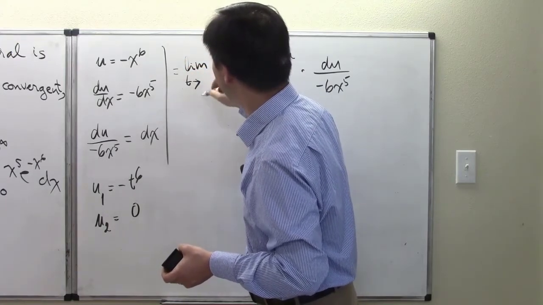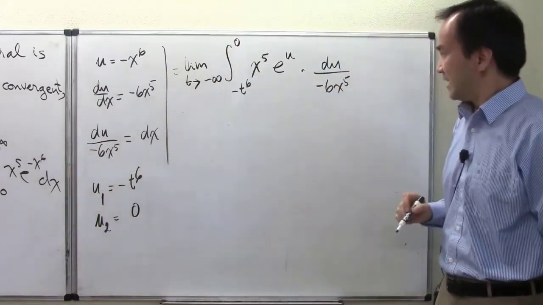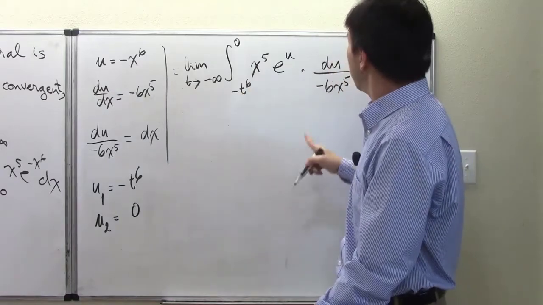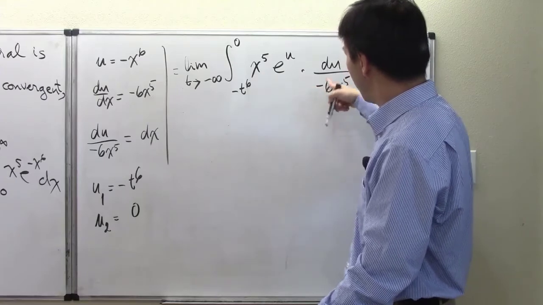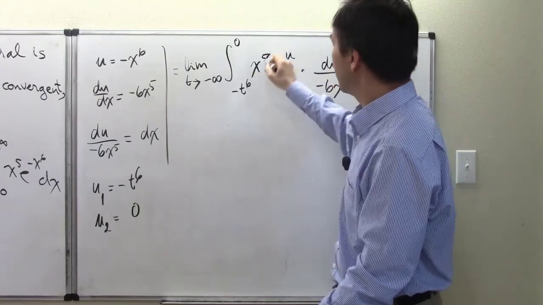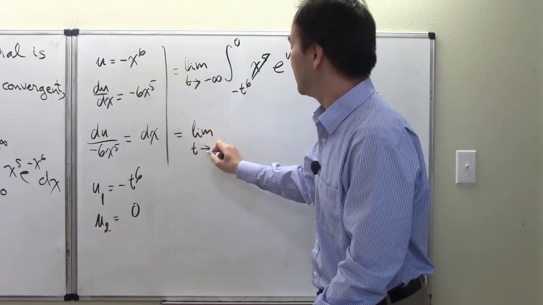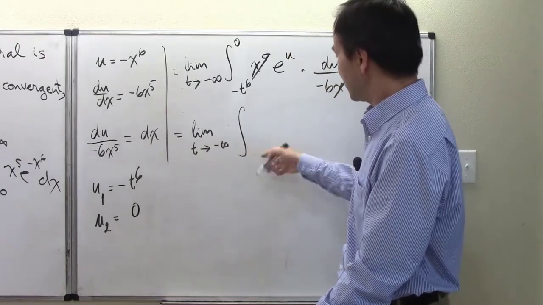to let x approach negative infinity. Okay, and so now let t approach negative infinity. And so the x to the fifth here can cancel, and we can also bring that minus 1/6 to the front here. Now I cancel that, and so this is now entirely an integral problem that we're advancing with the substitution method.